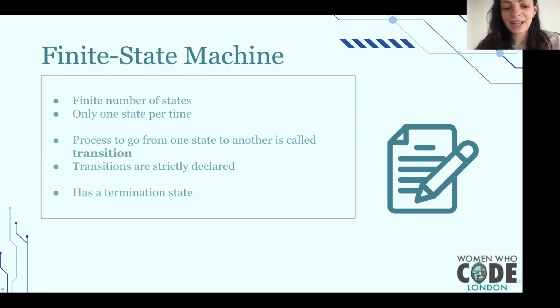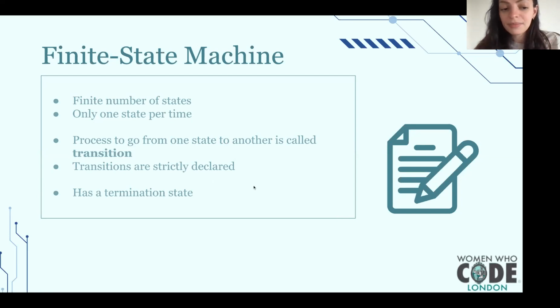It's strictly declared. If you try to go to active, for example, from terminated, you can say now it's an error. So that means transitions, the ways from one state to another state, are strictly declared.